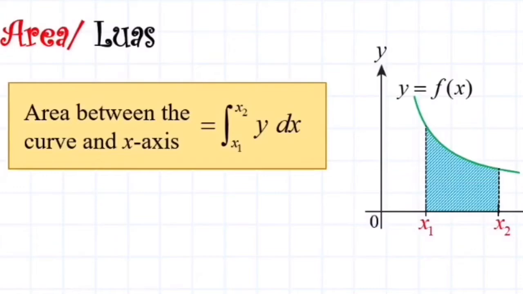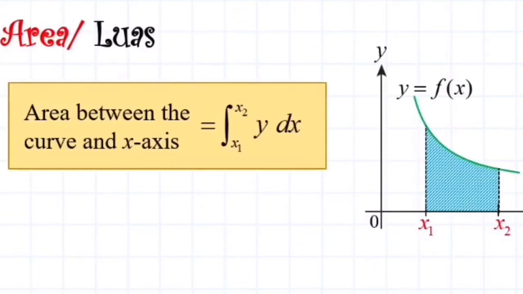In Bahasa we say terhadap paksi x. Luas di bawah lengkung dengan paksi x. So the formula is y dx. Please try to memorize the formula so that you can do it fast.